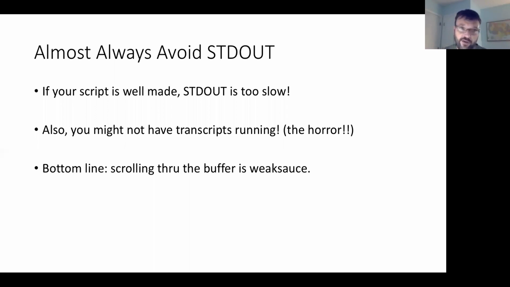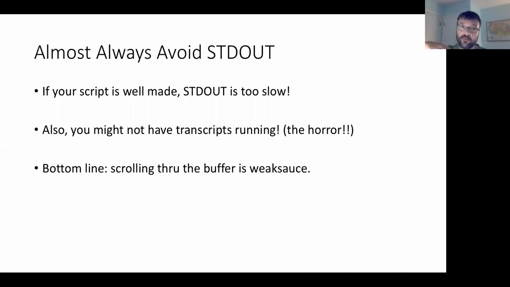Things like STDOUT are not good. They're good for troubleshooting and testing, but what you really need to do is have PowerShell writing to other objects, or writing to another script, or writing to files. The main reason for this is quite simple. STDOUT just is too slow.